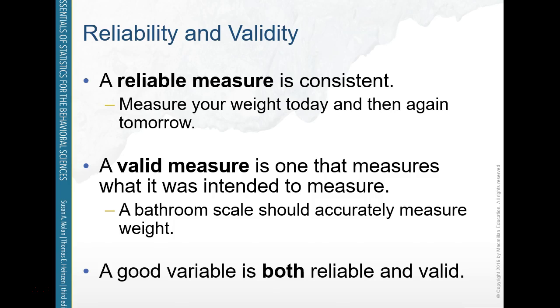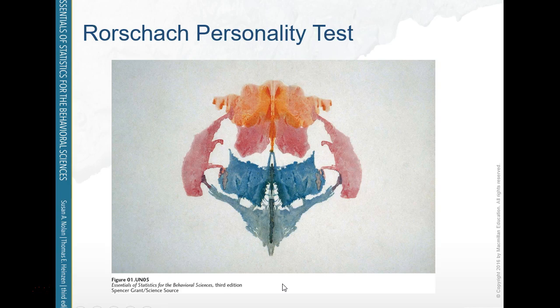So as you look at research studies, you want to look at what measures they used. First, are they reliable? Are they giving you consistent results? And then, excuse me, validity. Do you think that the questionnaire or the test is really measuring what you want it to measure? And so a good variable should be both reliable and valid.